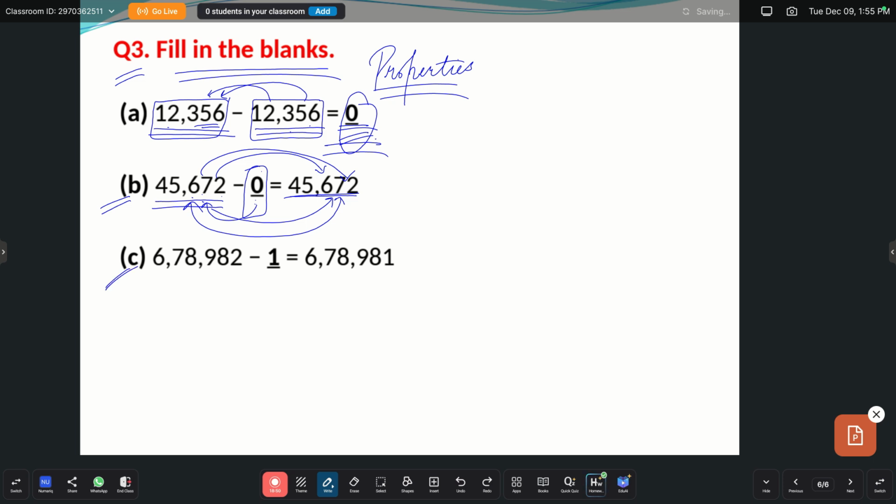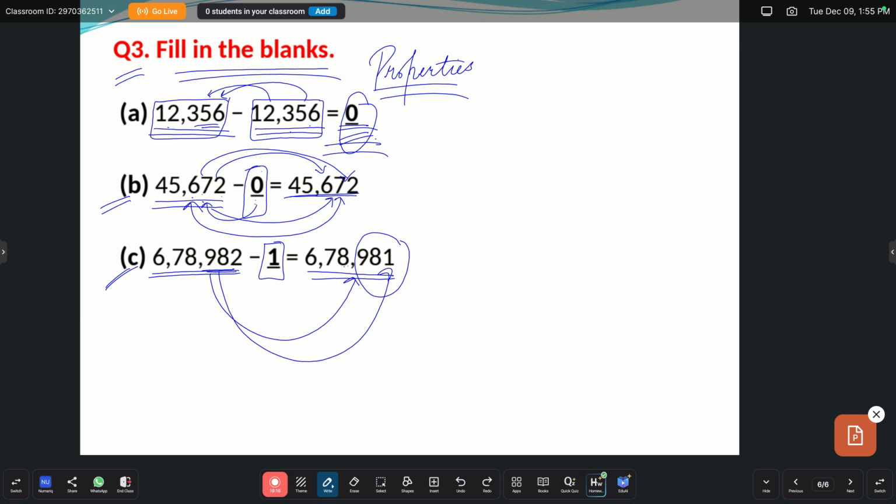Now, we will move to our part number C. Part C is 6,78,982 minus something is equal to 6,78,981. And we will observe these two numbers. You will tell me, ma'am, here it is 982, and here it is 981.